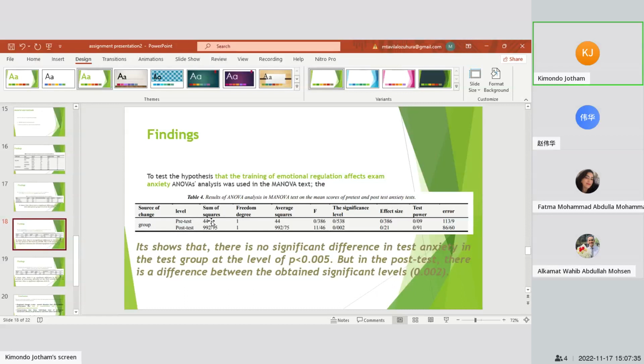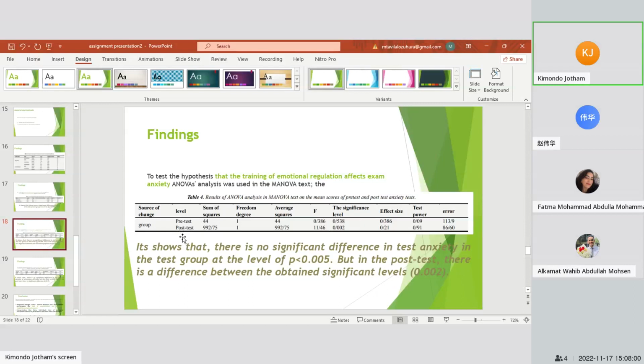In the pre-test, remember, they performed the experiment for both experimental and control groups before the training. And the significance level was 0.538, which means it was out of the range of the alpha level.